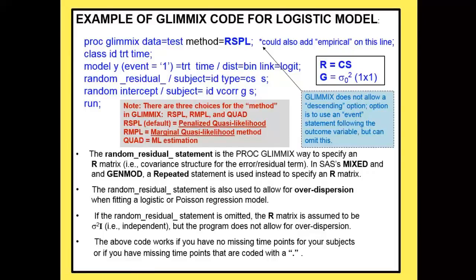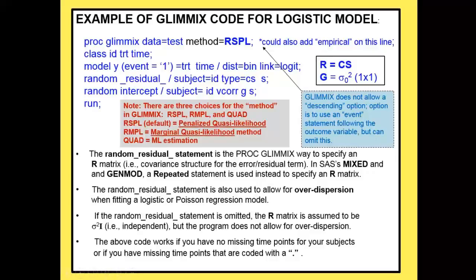Another key thing I want to review about the GLIMMIX procedure is that in order to run the procedure, you have to tell it what method it's using. The method GLIMMIX uses is not exactly the GEE approach.